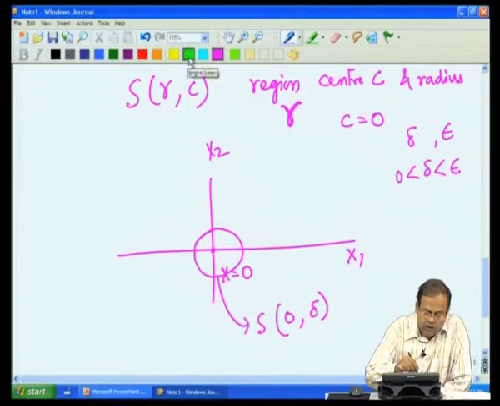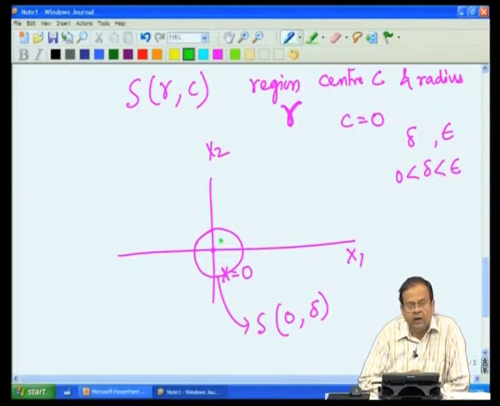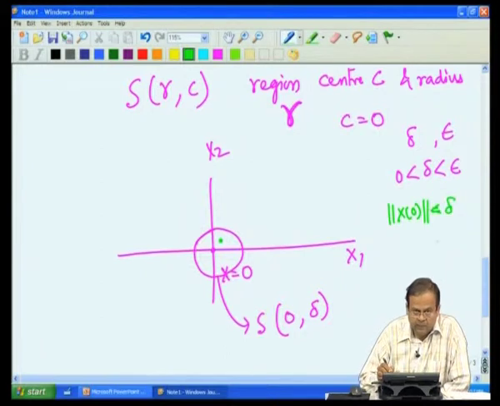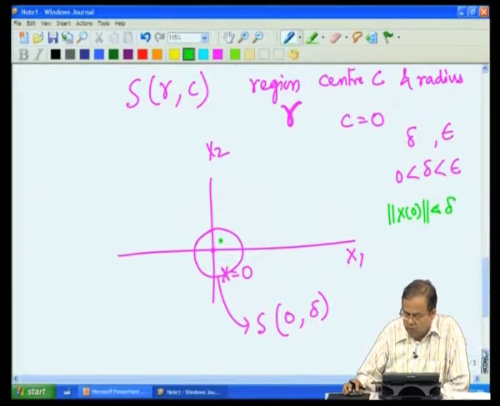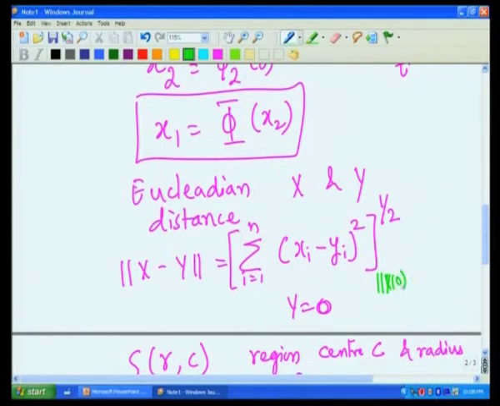Now, around this steady state point x equal to 0, I have a circle of radius delta, and if I can say that for all the points in this circle, wherever I start, that is for all x of 0 with norm less than delta, remember this norm of x of 0, when y is 0, is nothing but x1 at 0 value squared plus x2 at 0 squared, raised to half.